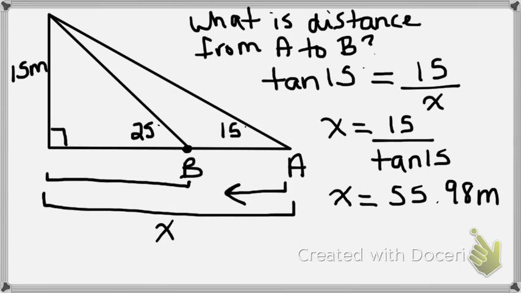All right, so now we have distance x. What I'm looking for now is the distance from B to the edge of the building. So again, let's use a variable to represent that distance. I'm going to call it y, just to be simple. So again, from an angle of 25 degrees, we're still going to use tan because the opposite side is 15 and the adjacent side is what we need. It's called side y. So I'm just going to go to a fresh slide here, and I'm going to write out that ratio.